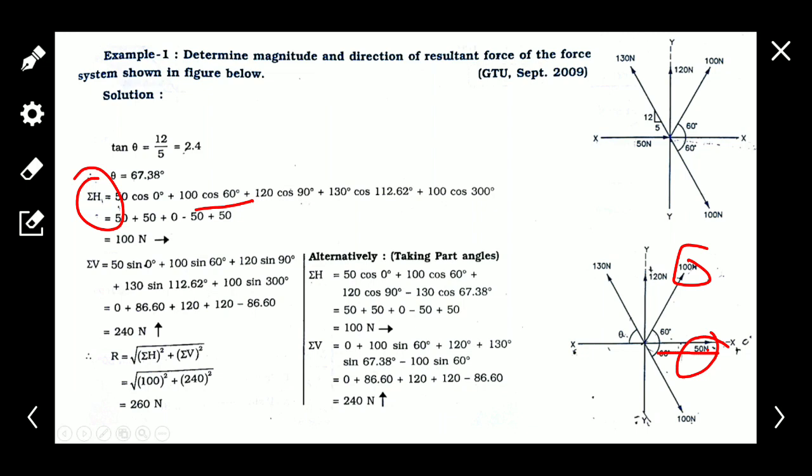Now the 100 Newton force: its horizontal component, in this direction, is 100 cos 60. Similarly for the 120 Newton force, the horizontal component is 120 cos 90. Cos 90 is 0, so it is 0 because the force is perfectly vertical, so we need not consider it in the summation of horizontal forces.